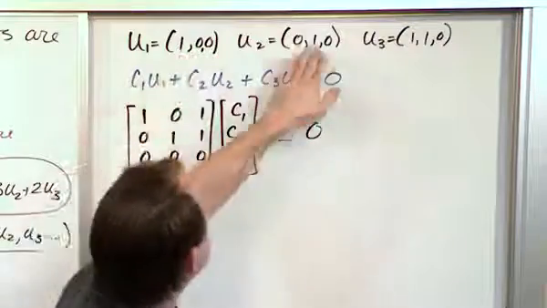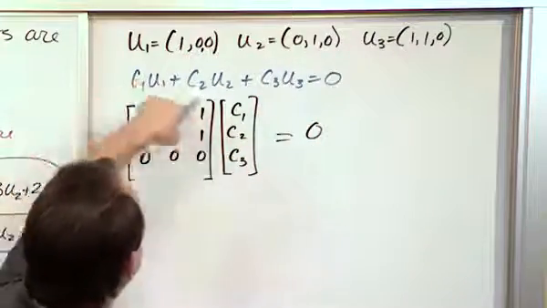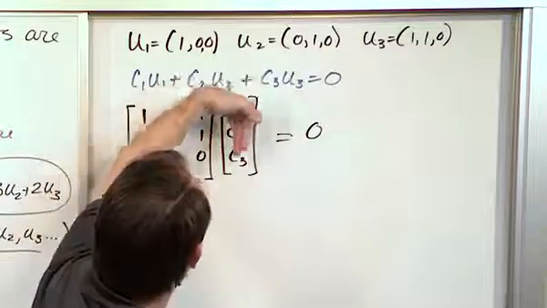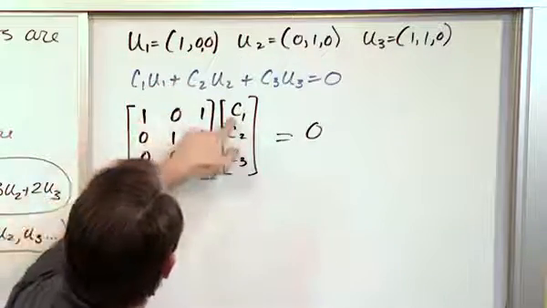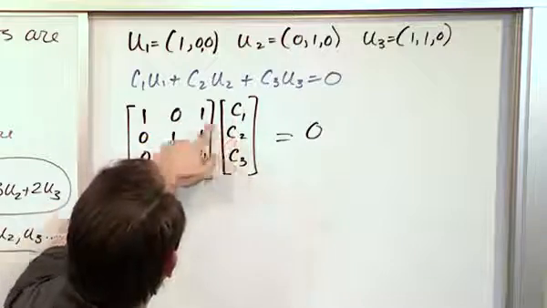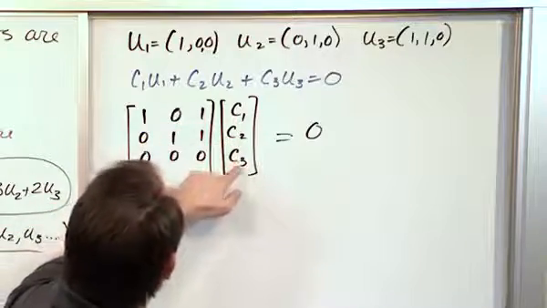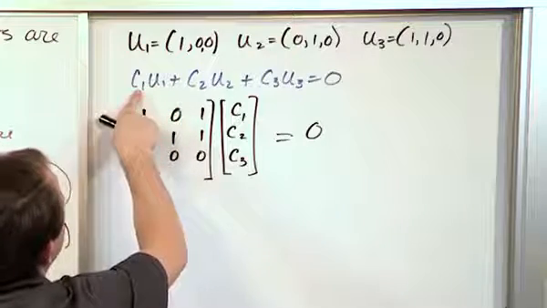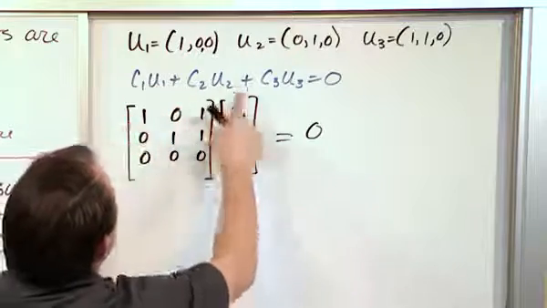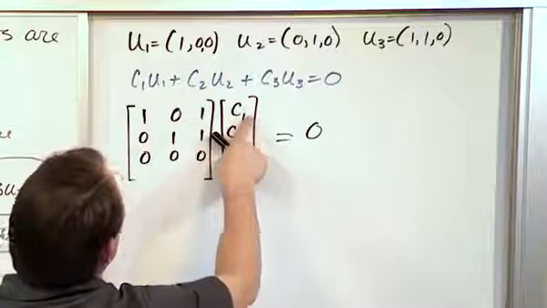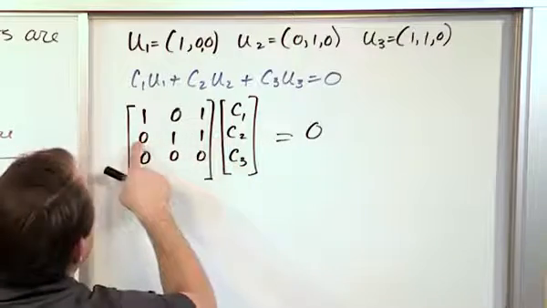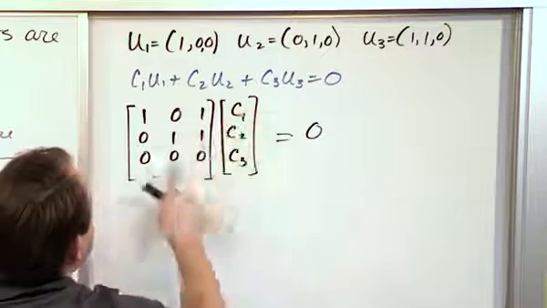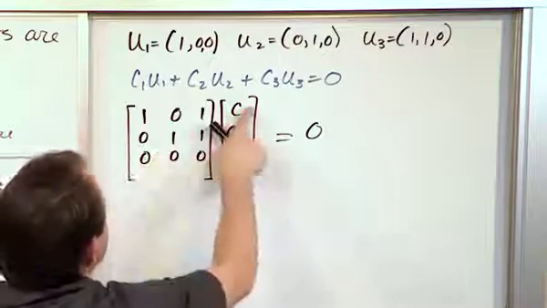What we've done is we've taken our 3 test vectors and arranged them vertically. The reason we arrange them vertically is because when you multiply across and down, you have 1 times C1, 0 times C2, 1 times C3. Notice that the components of U1 are the only thing multiplied by C1. If we go across and down, this one gets multiplied by C1, this guy gets multiplied by C1, and here the first element again is multiplied by C1.